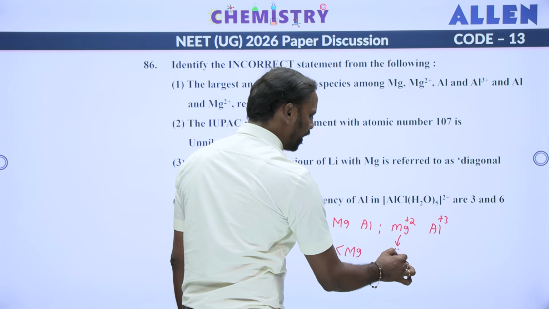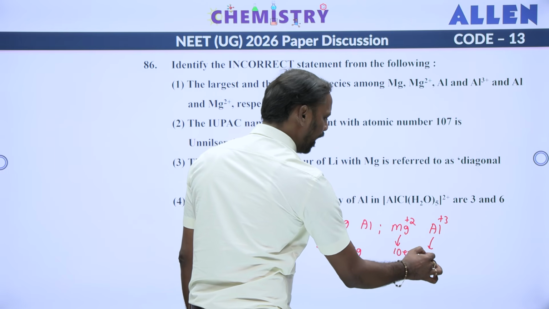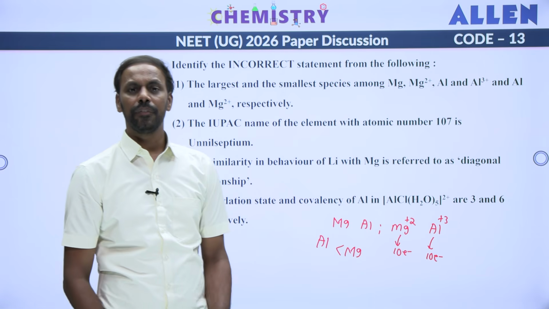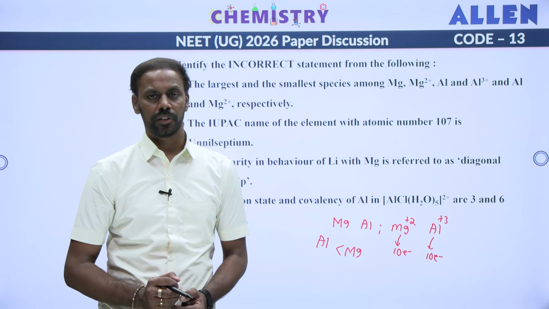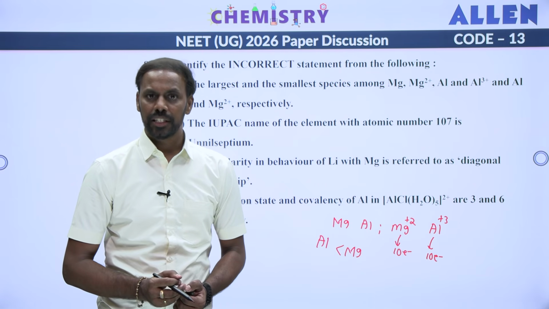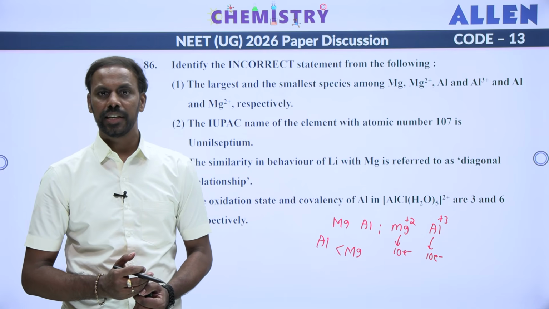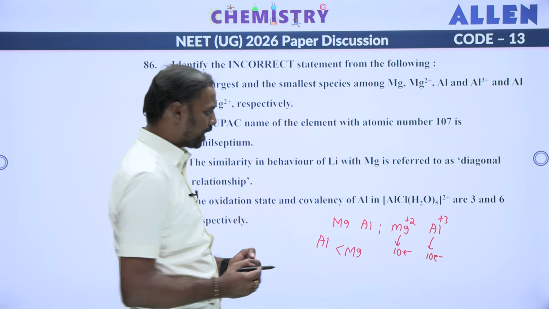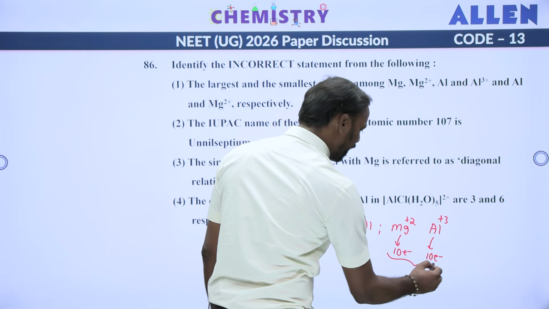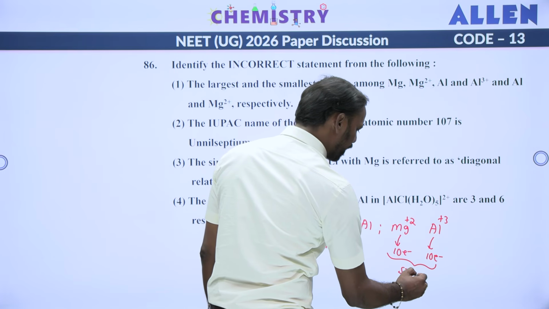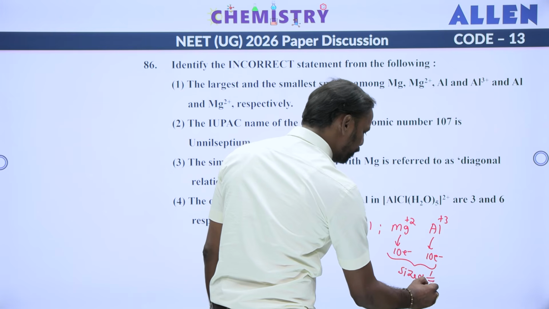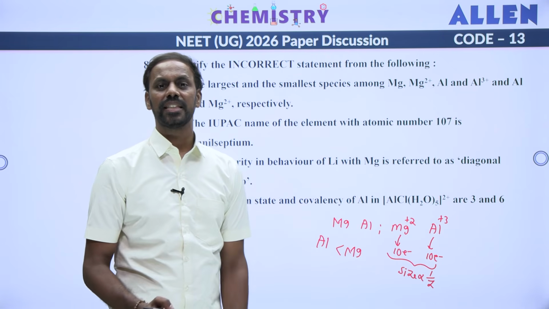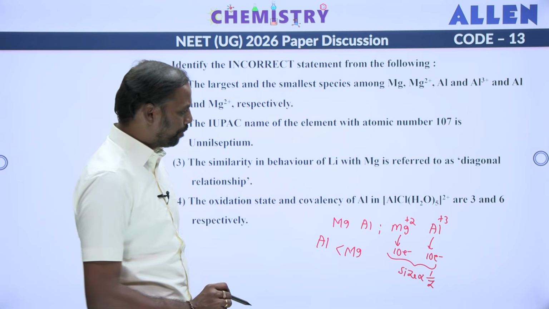Mg plus 2 has 10 electrons. Al plus 3 also has 10 electrons. These are nothing but isoelectronic species. In case of isoelectronic species, size is inversely proportional to atomic number. As atomic number increases, size decreases.